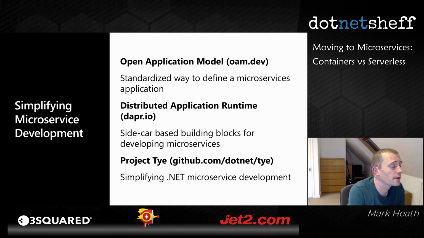But it's got a number of other building blocks like pub sub, state store, and these are backed by kind of industry standard implementations. So your state store might be backed by Redis, and your pub sub might be backed by Redis, by RabbitMQ, or backed by Azure Service Bus.